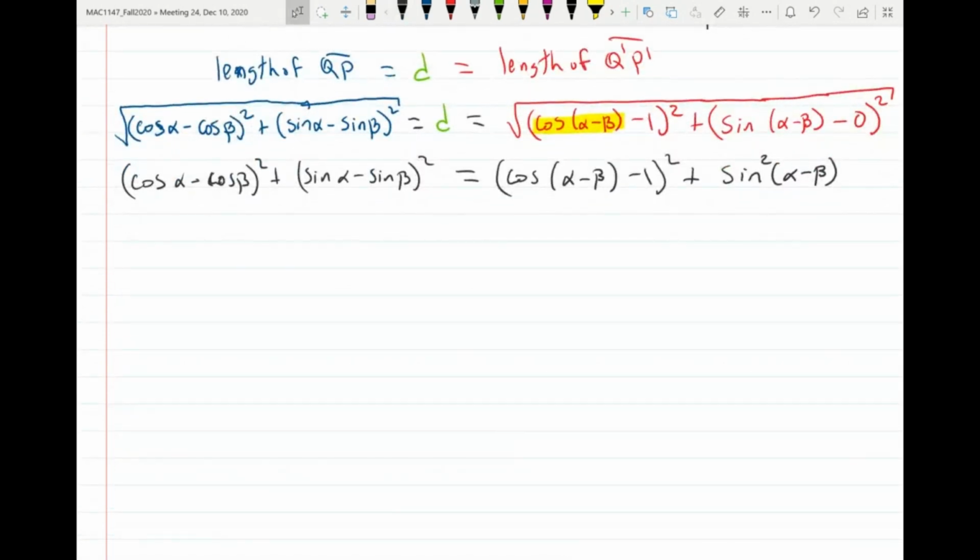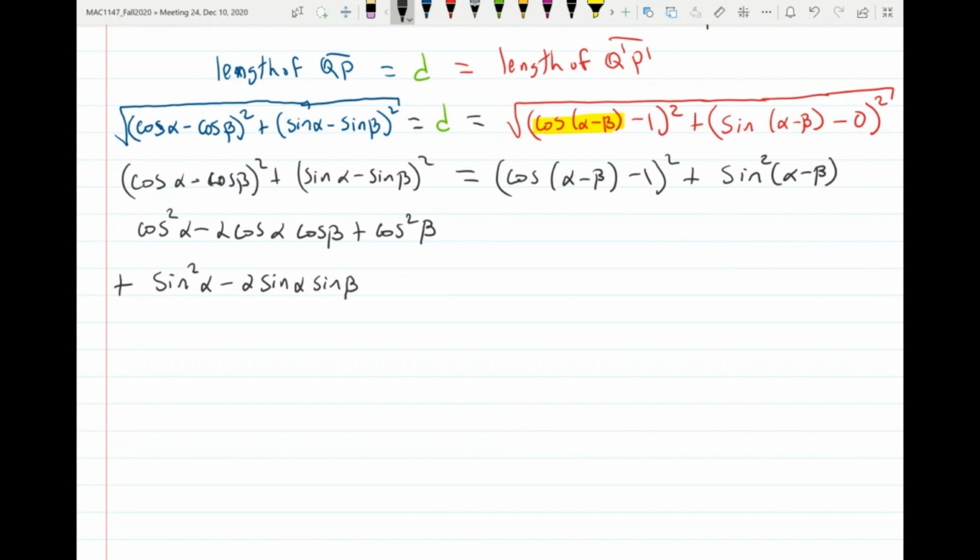Now I'm just going to expand the squares on both sides. Here we get cosine squared of alpha minus 2 cosine of alpha cosine of beta plus cosine squared of beta, and then I expand the other square: sine squared of alpha minus 2 sine of alpha sine of beta plus sine squared of beta.